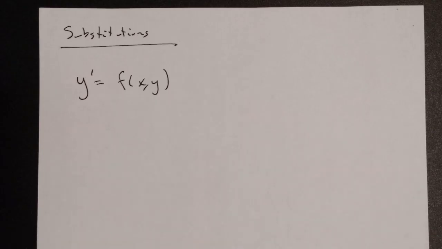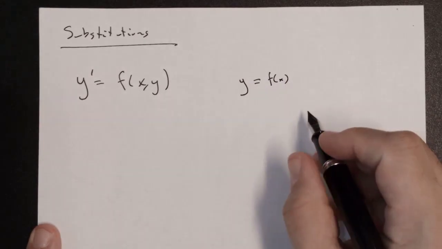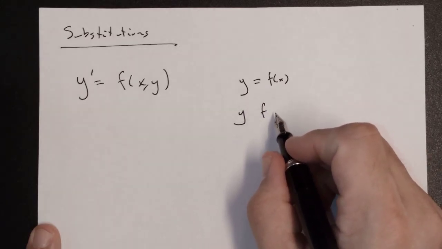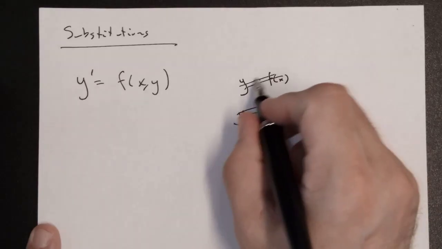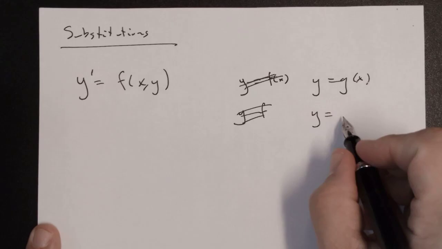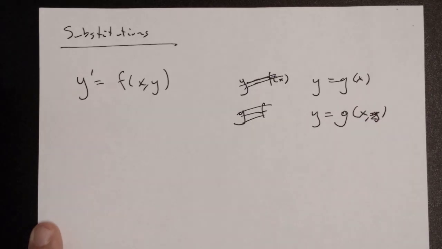What if I say, all right, I'm going to throw in a dummy variable. And instead of thinking of y as just a function of x, let's think of y as a function of two variables. I'm going to screw this up over and over.